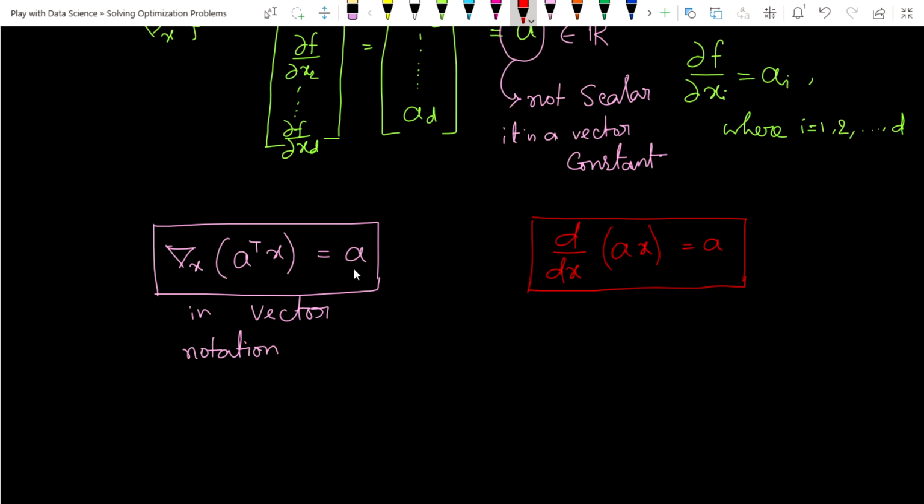In vector calculus the resultant is a vector, in scalar calculus it is a scalar, but both follow the same method. It is simply a notation.